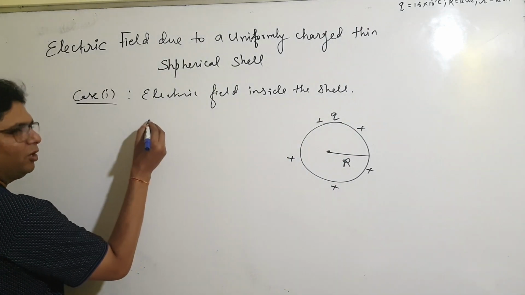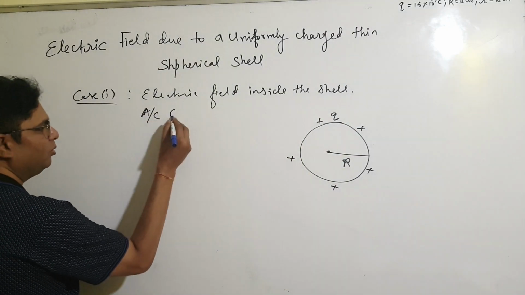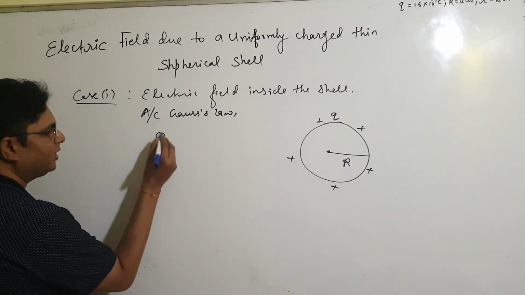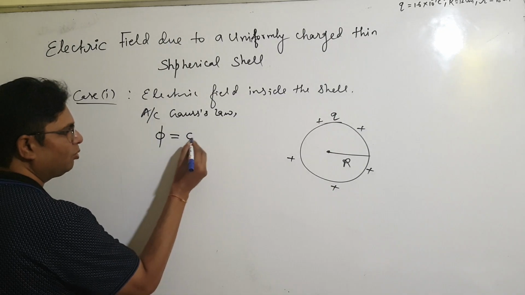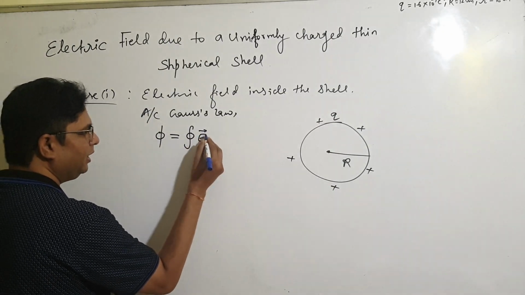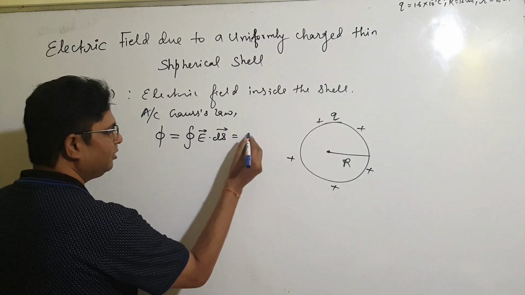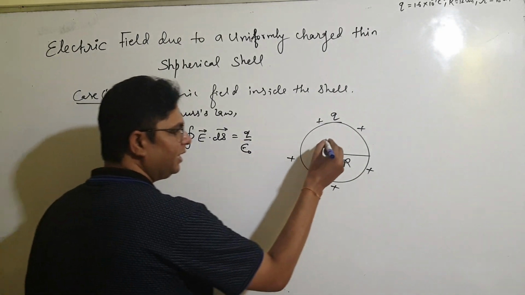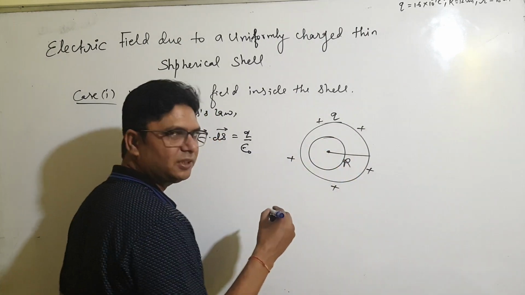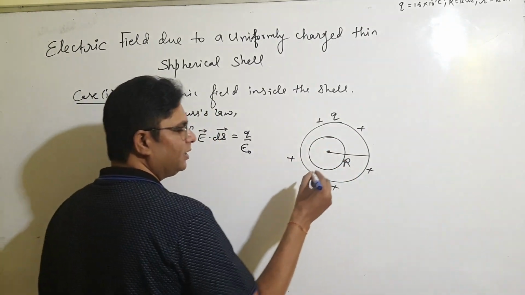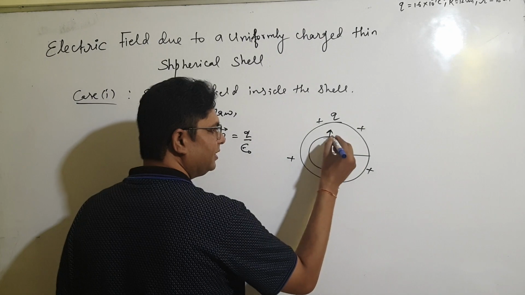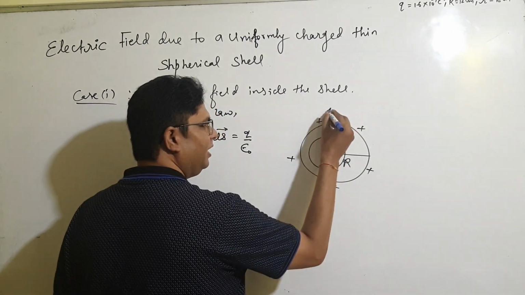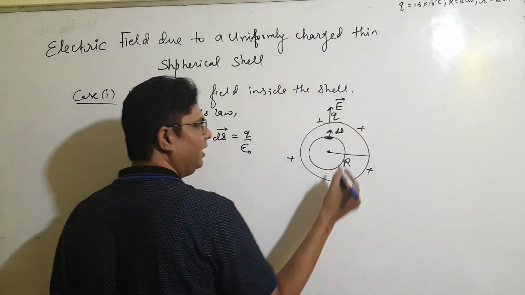You know that according to Gauss's law, flux phi is equal to the closed integration of E dot ds, which is equal to q upon epsilon naught. If you imagine a Gaussian surface here, this is a small surface area on the Gaussian surface, which is ds. The electric field is along this side. E is the electric field.